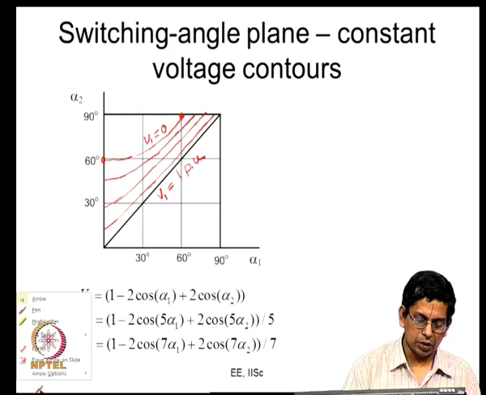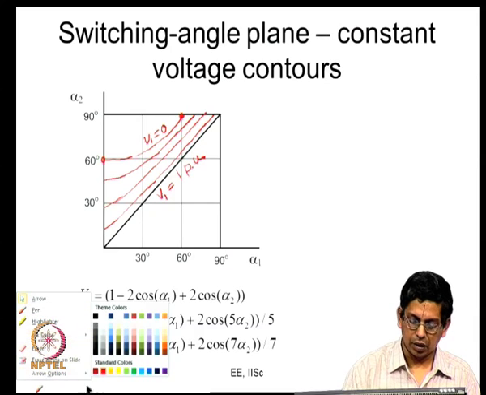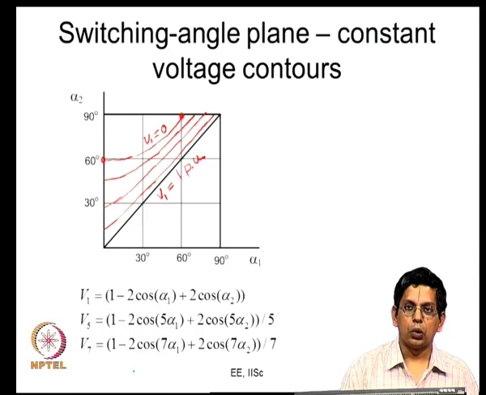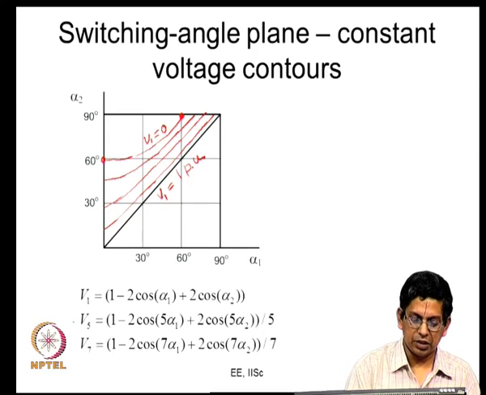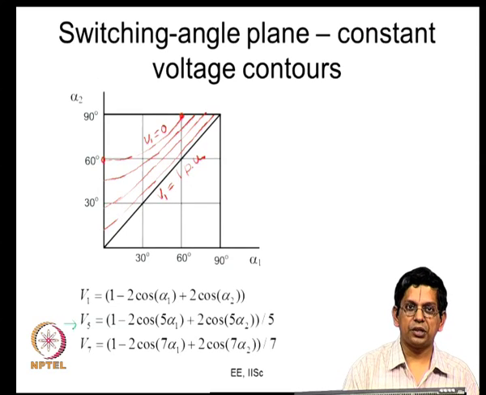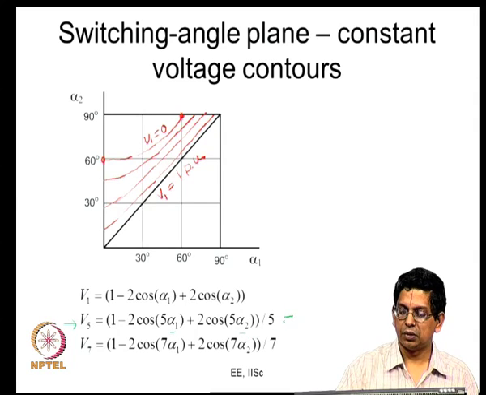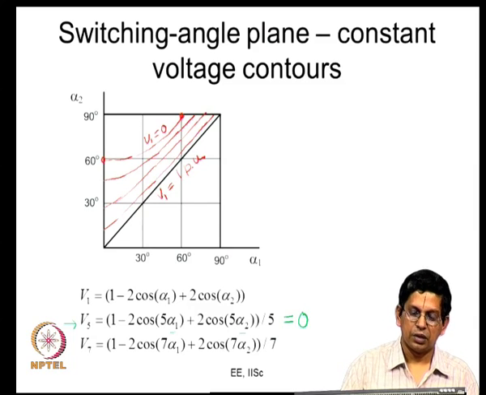It is actually possible to plot the fifth harmonic here also. So, we can see where the fifth harmonic is 0. You can consider this equation, and based on it you can look at several values of alpha 1 and alpha 2 which would satisfy V5 equal to 0. If you try this, you can plot it.